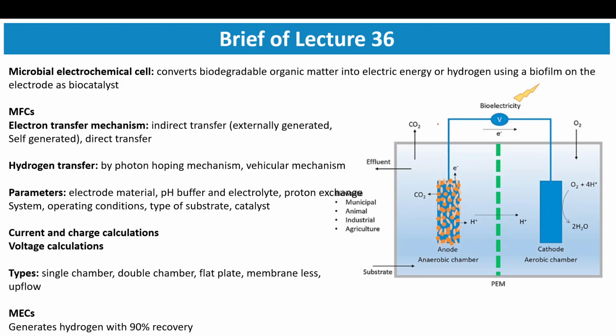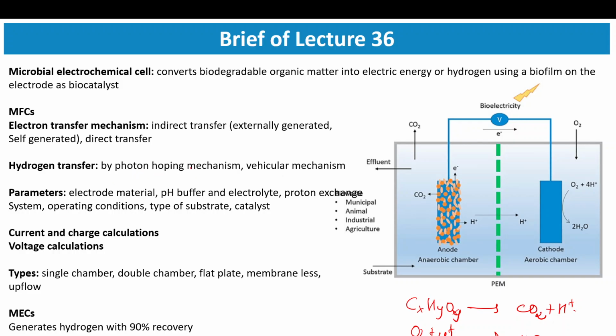So here at the anode, the organics get converted into CO2 with some electrons and H plus generation, and at the cathode, O2 accepts protons to form H2O. So a balanced reaction occurs at both electrodes.